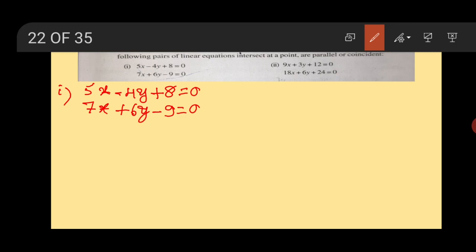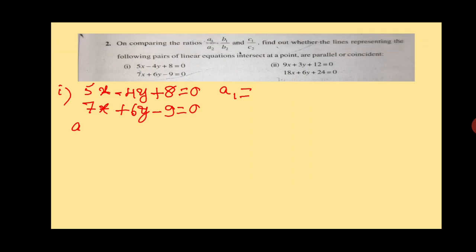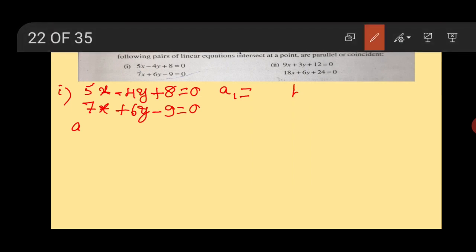So these two equations are already in general form. We need A1, B1 and C1, and also A2, B2 and C2. A1 is what?